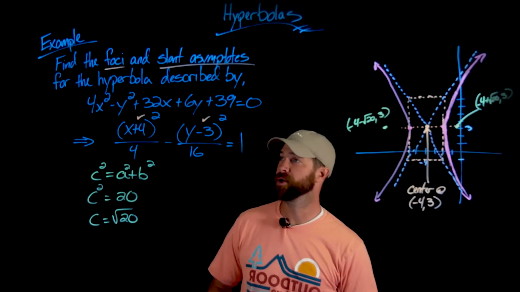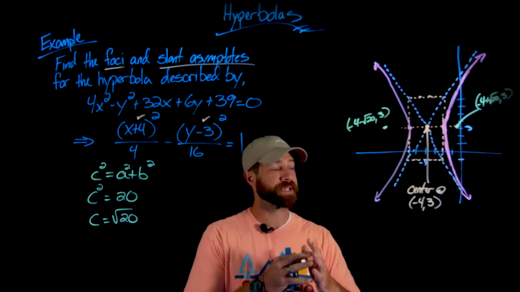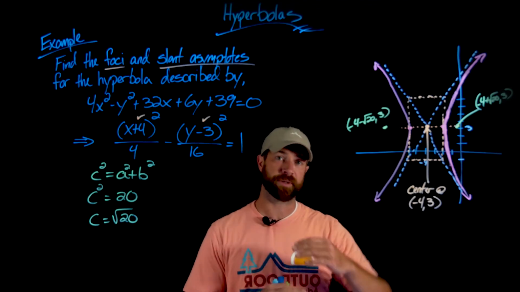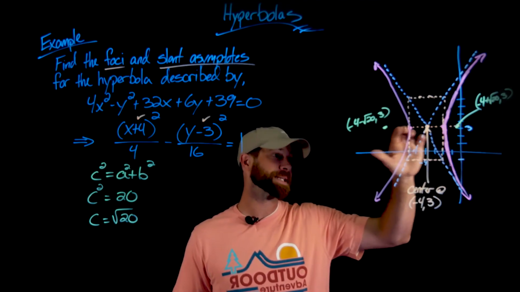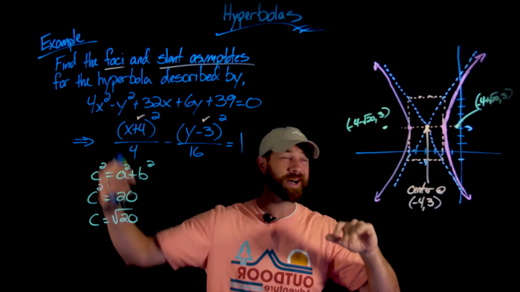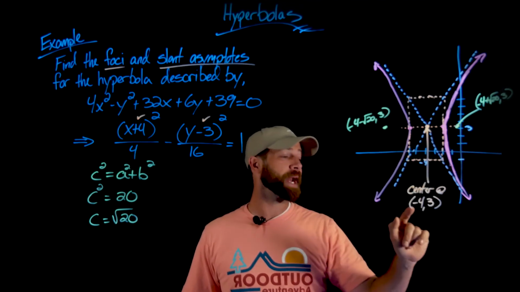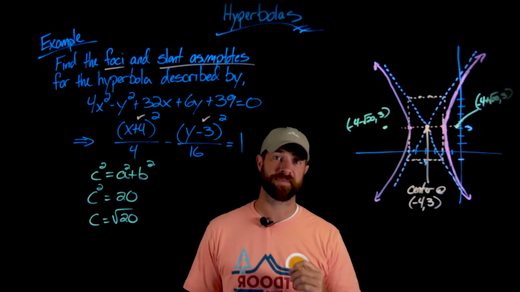I also needed to know which way this was oriented, because I was thinking, am I moving c units horizontally or vertically? Well, because it's oriented horizontally here, my transverse axis is parallel to the x-axis because my x term is positive. I know I'm adding and subtracting that c value to the x value of the center.